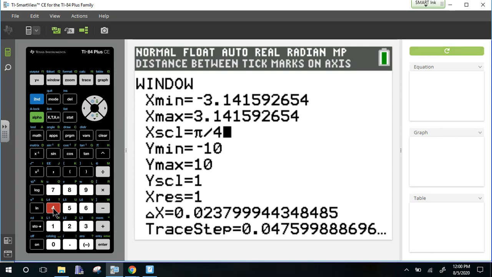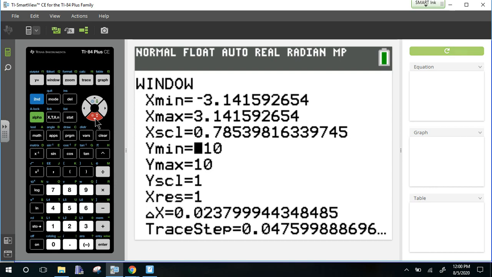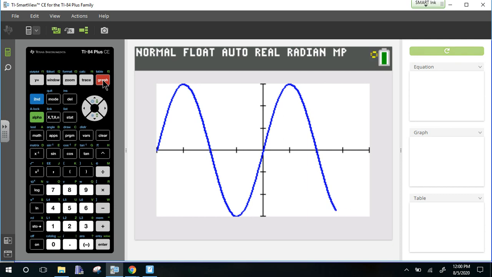That's going to give me a point at pi over 4, pi over 2, 3 pi over 4, and pi, going in both positive and negative direction. My y min and max are my amplitude, negative 3 and positive 3. We can leave that scale as 1. So if I graph it, I get a good look at what it actually should look like. And I've got one period going to the right and one period going to the left.